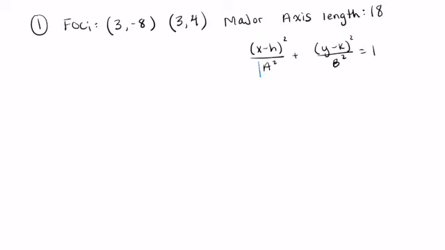Now remember, I'm not too sure of this just yet, because we know that a squared is always going to represent that bigger denominator. So those two may flip depending on what everything up here is. So let's go ahead and start our problem, and then we will know where we need to start plugging in a and b.